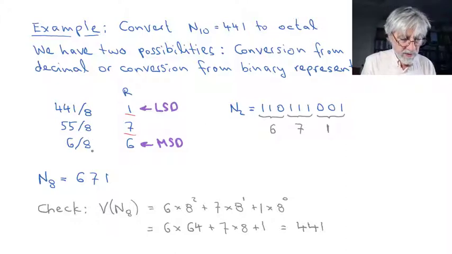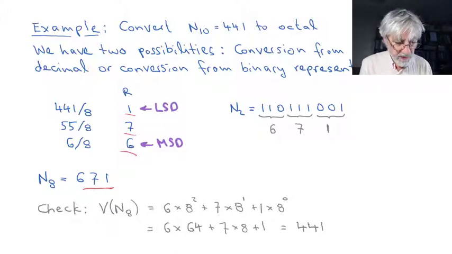And 6 divided by 8 gives us 0, and a remainder of 6, and so we get the octal number 671. Again, we're reading it from the bottom to the top to get the most significant digit to the left.